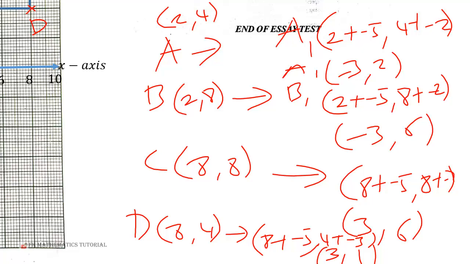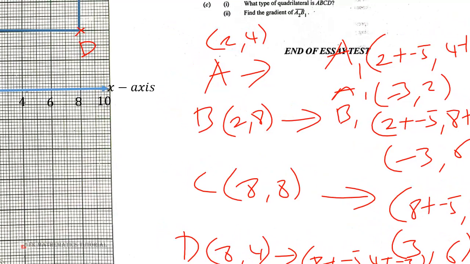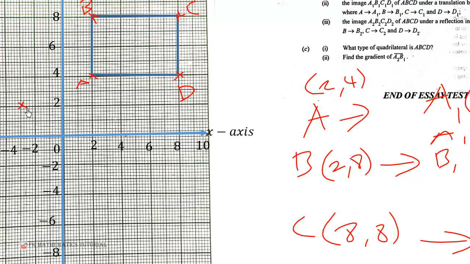So we plot these points. A1 is -3, 2, which is here. Then B1 is at -3, 6. Then we have C1 at 3, 6.